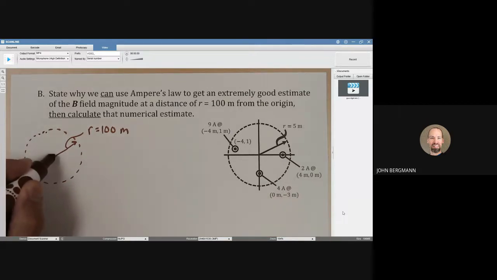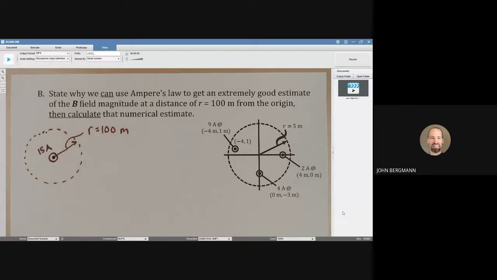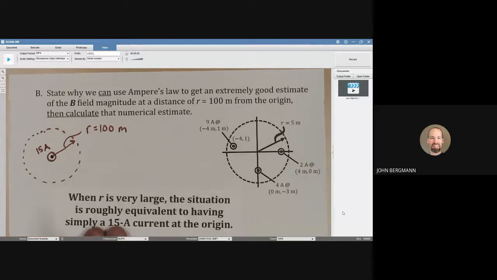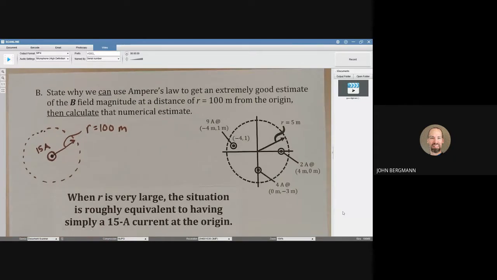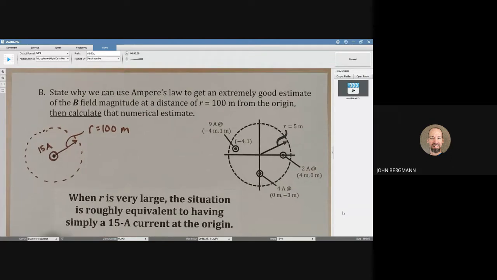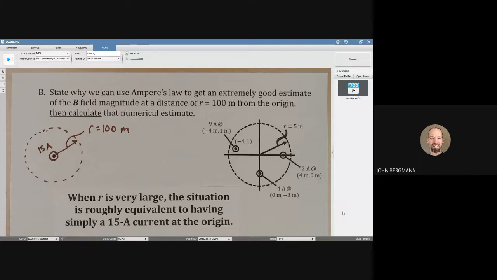It's almost as if all 15 amps are coming out right at the origin. Now, it's not exact, but the further away we get, it looks like there's just 15 amps coming out. When R is very large, the situation is roughly equivalent to having simply a 15 amp current at the origin.